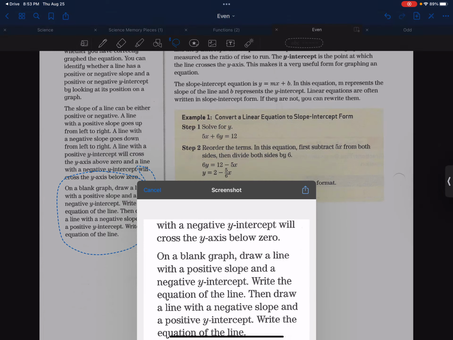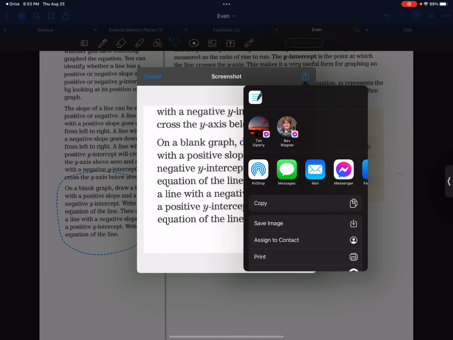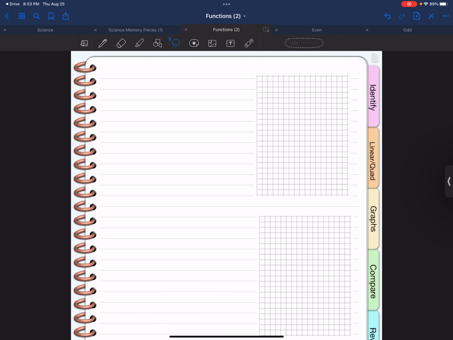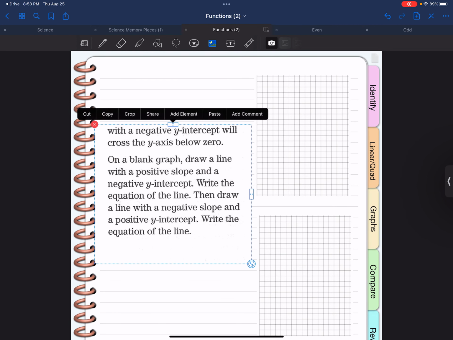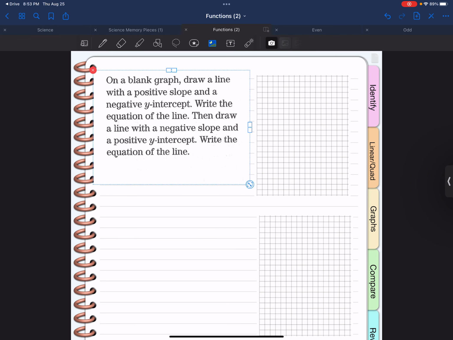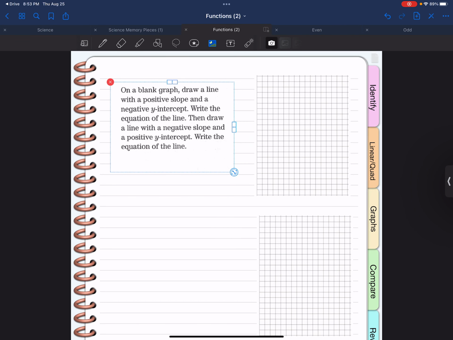My scanner doesn't do double sides, so I'm having to flip back and forth between pages, but I think we'll be okay. So here are the instructions that they want us to do. There are actually 2 tasks here. And let me just highlight those for you.